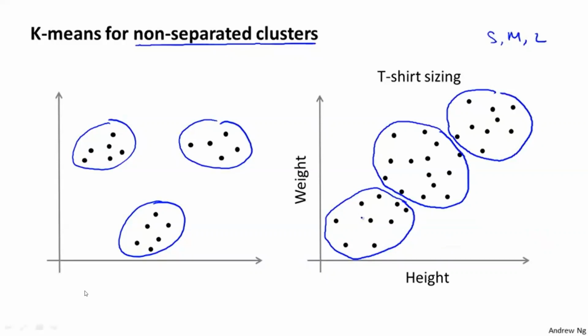And what you can do is look at this first population of people, at their height and weight, and try to design a small t-shirt that fits this first population well, and then design a medium t-shirt and a large t-shirt. This is in fact an example of market segmentation, where you're using k-means to separate your market into 3 different segments, so you can design a product separately, the small, medium, and large t-shirts, that tries to suit the needs of each of your 3 separate subpopulations well.